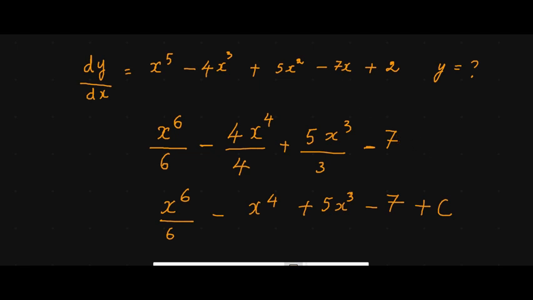That will be 7x squared by 2, correct? Because that was x to the power of 1, plus 2x, okay, then plus c.